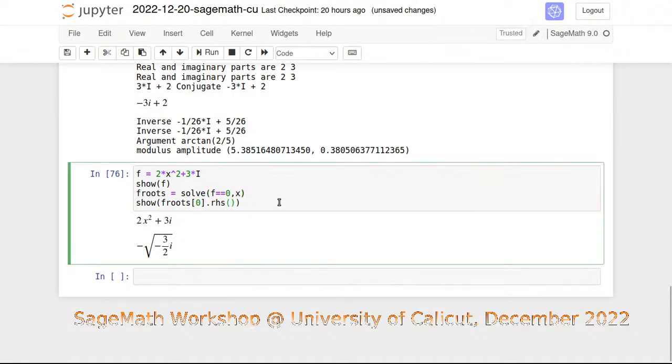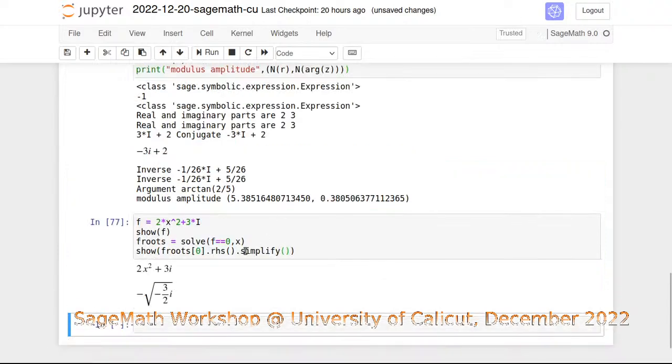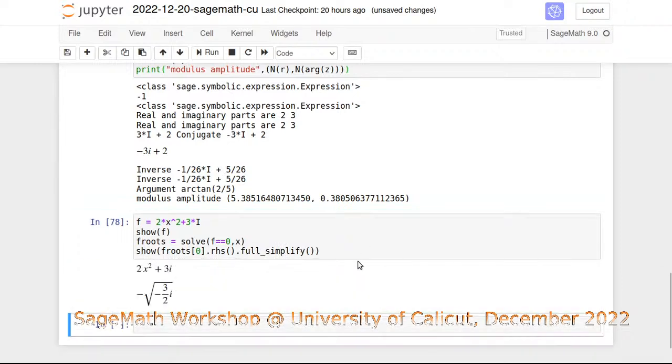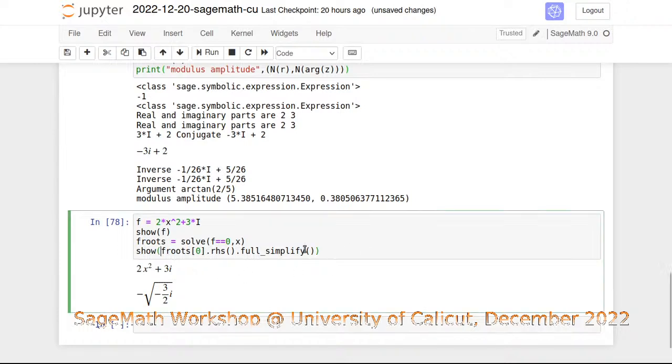We may try to actually simplify this, because this seems to be somewhat, no, even that's not working. Or maybe we can try with approximation.